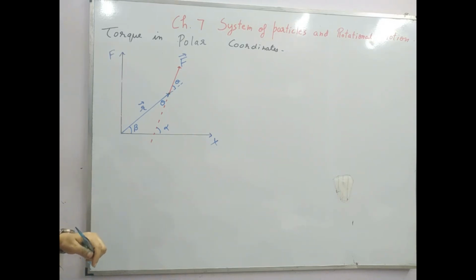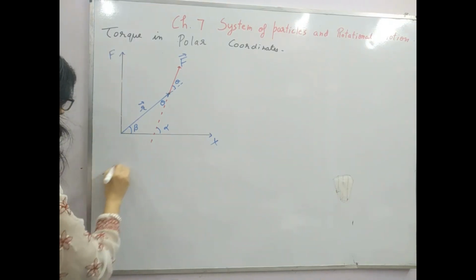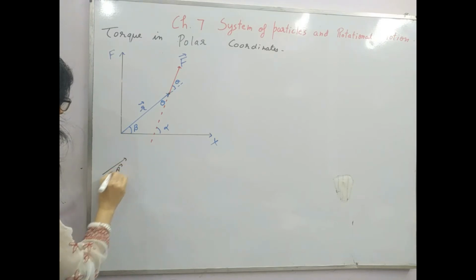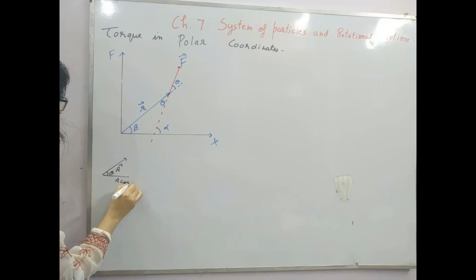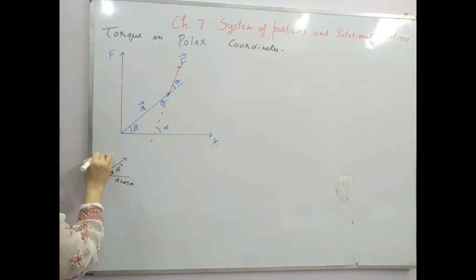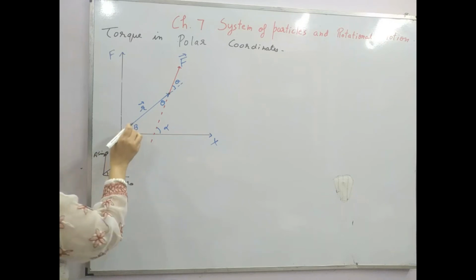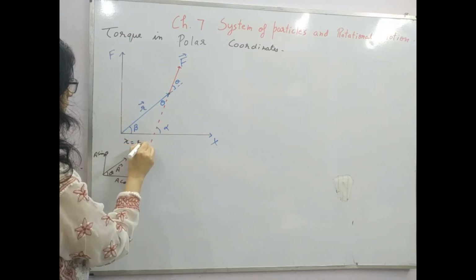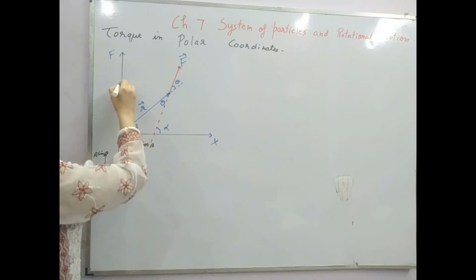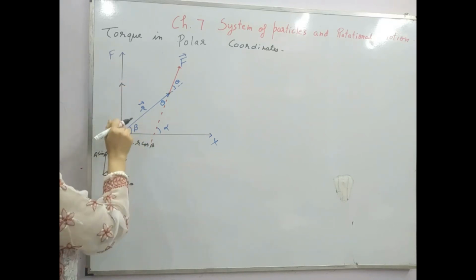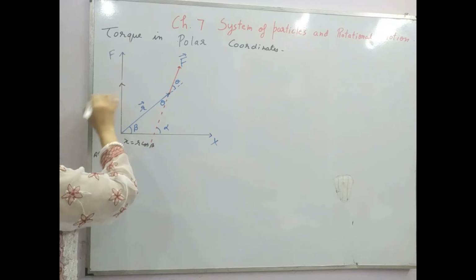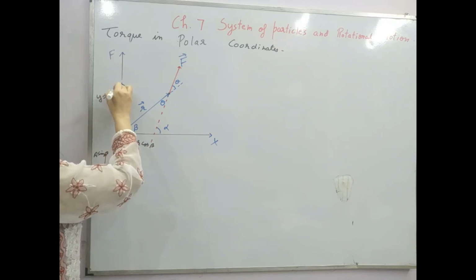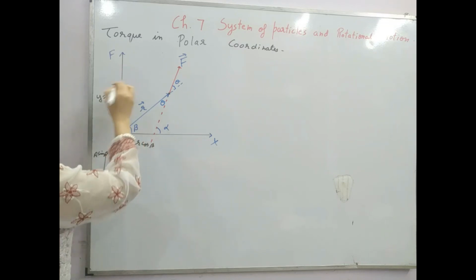So from here, just recall the concept of vectors, where we had, suppose a vector A, this is theta, then this will be A cos theta, and the perpendicular will be A sine theta. This is what we are using here. For r, this is the angle. So for x, this will be r cos beta, and for y component of r, we can write y is equal to r sine beta, right?